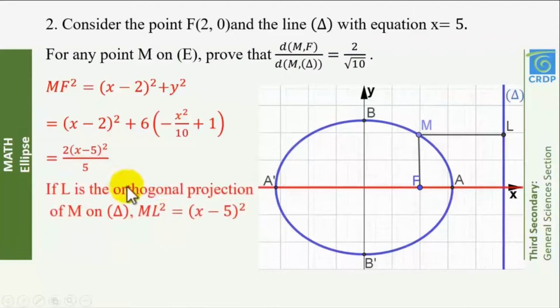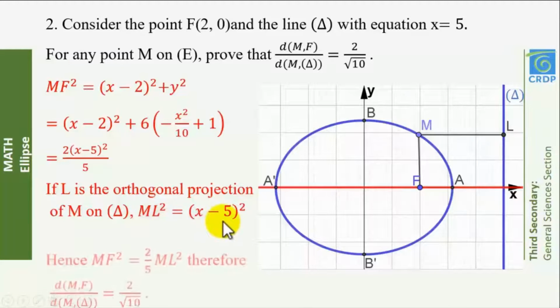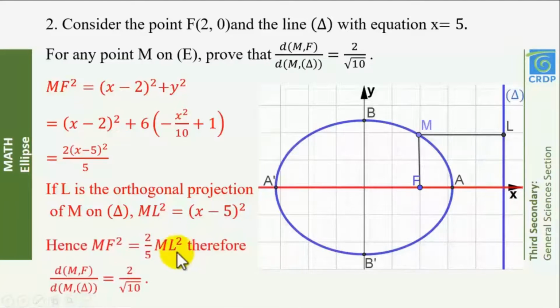If L is the orthogonal projection of M on delta, then the coordinates of L are (5, y). ML squared equal (x minus 5) squared. Hence, MF squared equal 2 over 5 ML squared.